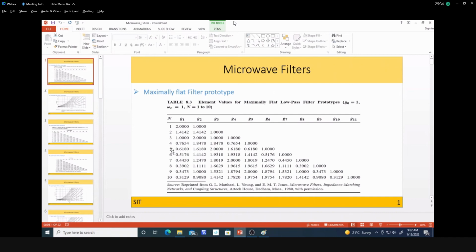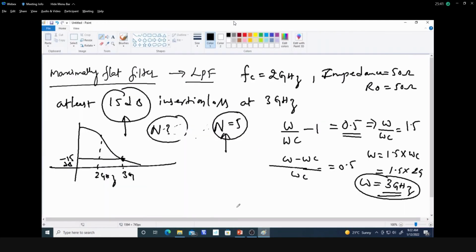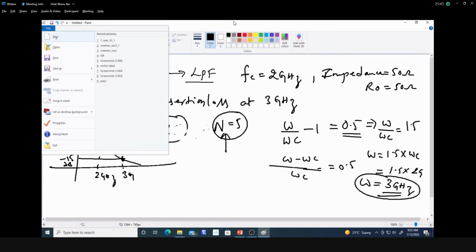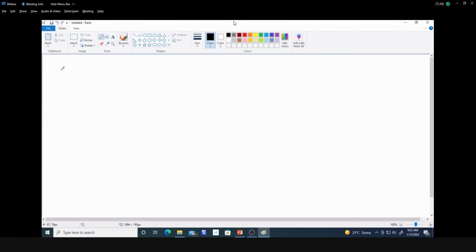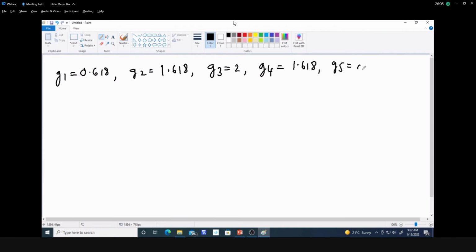Now these filter prototype element values you need to find out. These are the normalized values that you need to take out. So G1 is equal to 0.618, G2 is equal to 1.618, G3 is equal to 2, G4 is equal to 1.618, G5 is equal to 0.618, and G6 is equal to 1.